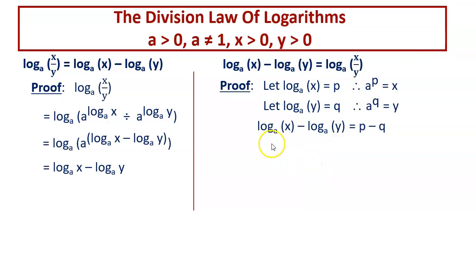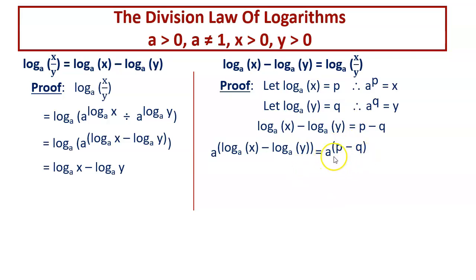Okay. Then we take the exponent. We take these two as the exponents of a. So it is a raised to the power of log of x to the base a minus log of y to the base a, and this is equal to a raised to the power of p minus q.